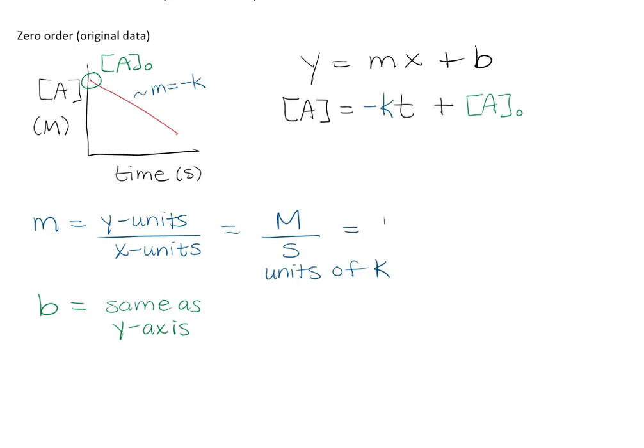And you'll find that a lot of times we will write this all in the numerator, showing inverse units. So we would write this as molarity times inverse seconds. For the y-intercept, because the units are the same as the y-axis, then they will simply be molarity. So the units of A naught are molarity.